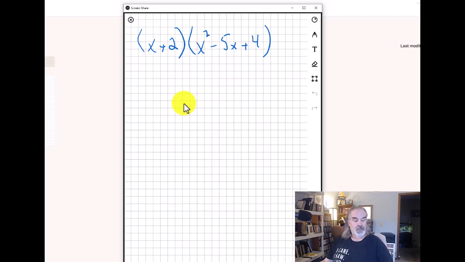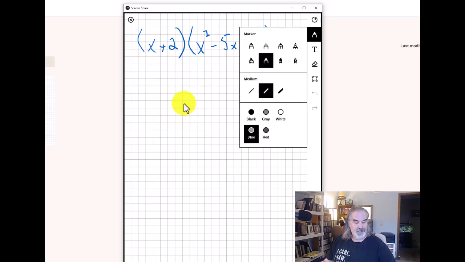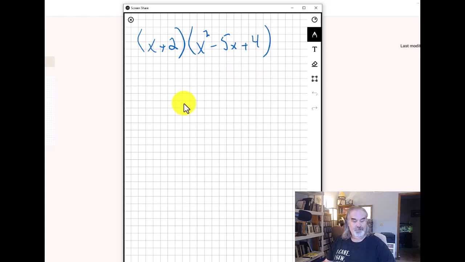Okay, so it's the same routine as before. Now you're all fresh from yesterday, so this should be no problem. I'm going to grab my x and let it multiply everything in the parentheses on the right. First, the x times the x squared gives me an x cubed. Then the x times the minus 5x, watch that minus sign, gives me minus 5x squared.